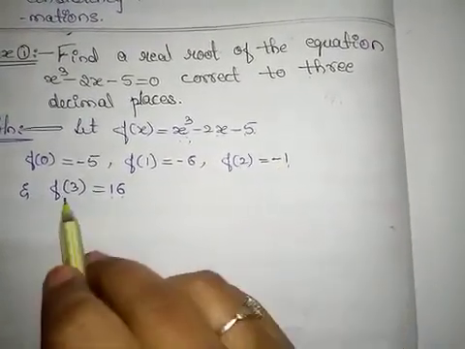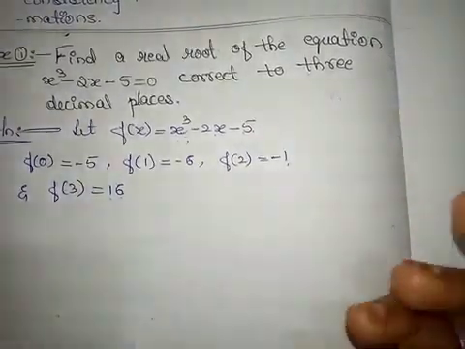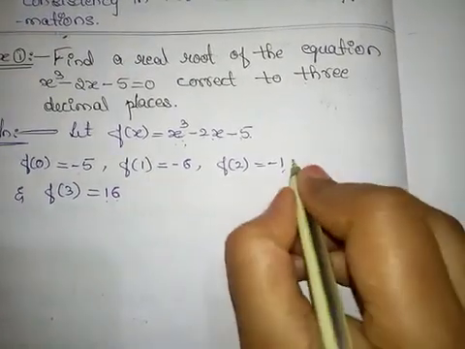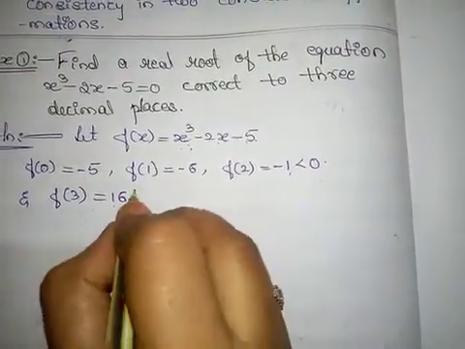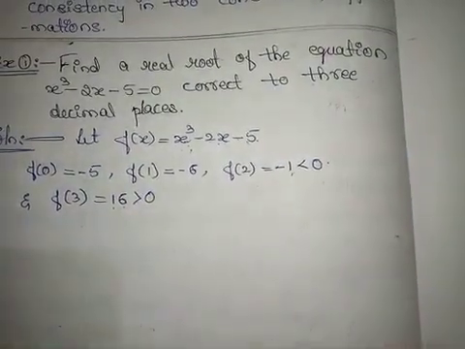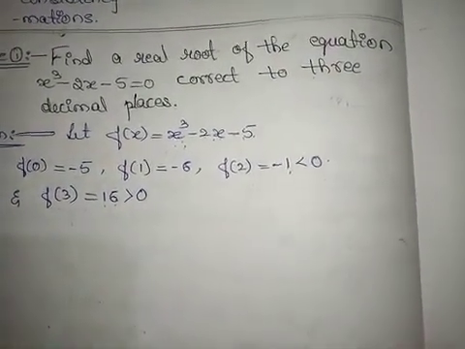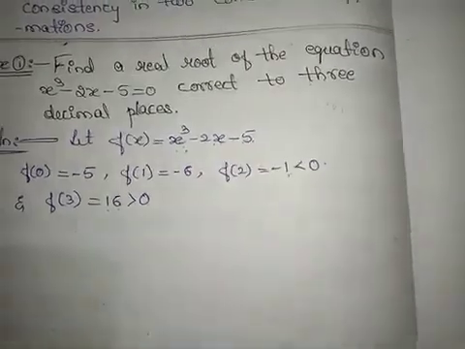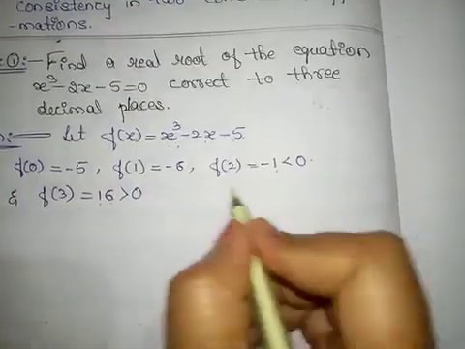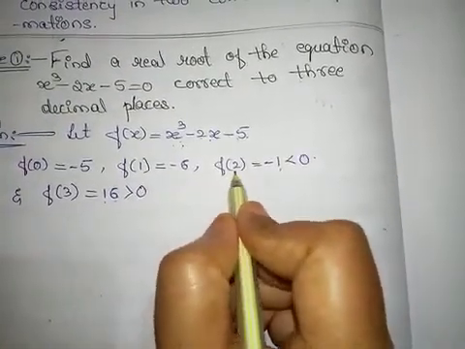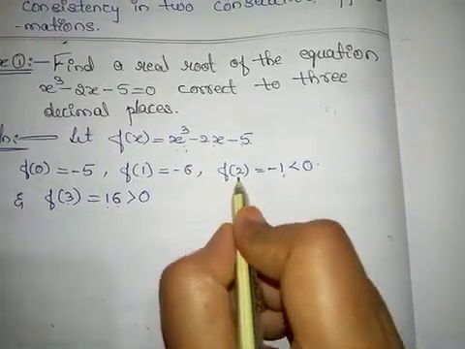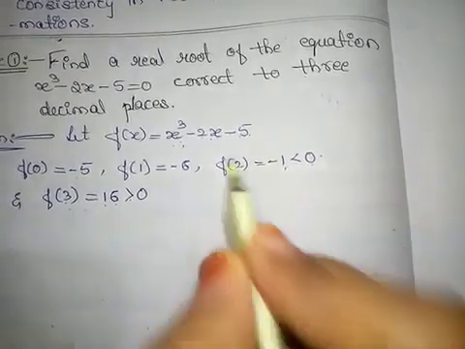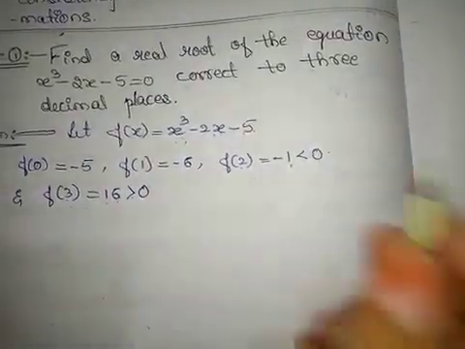We have to consider these two values because for consecutive values, one is less than 0 and one is greater than 0 as the functional value, so our root lies between 2 and 3. Here f of a is less than 0, f of b is greater than 0. Like this you have to find the value of a and the value of b.